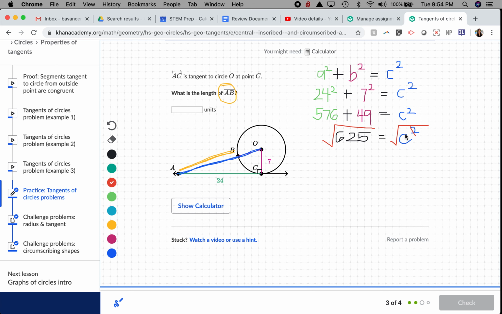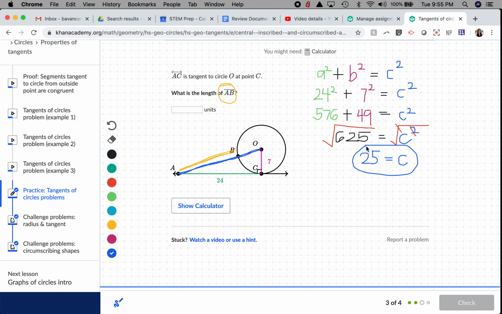So now that the exponent of 2 has canceled, we now have c being equal to the square root of 625. And the square root of 625 is 25, because 25 times 25 will give you 625.